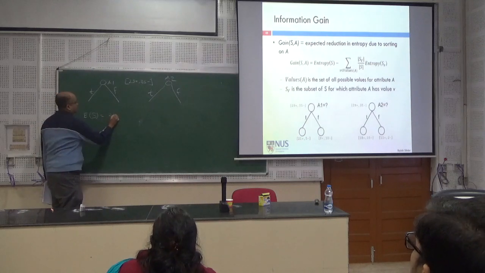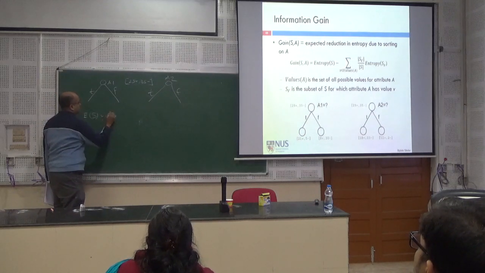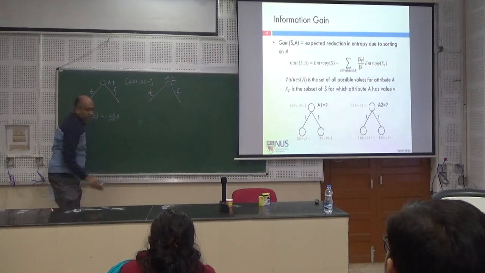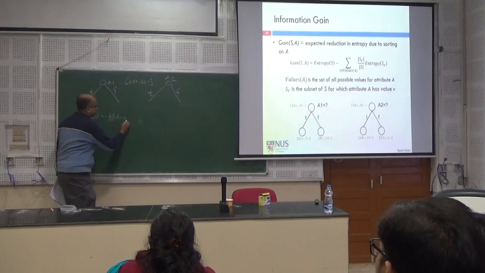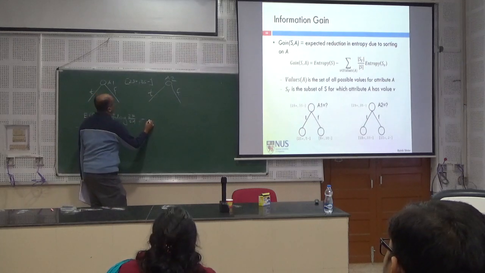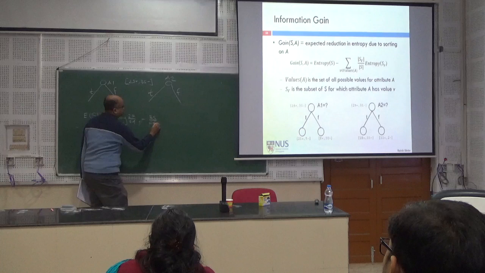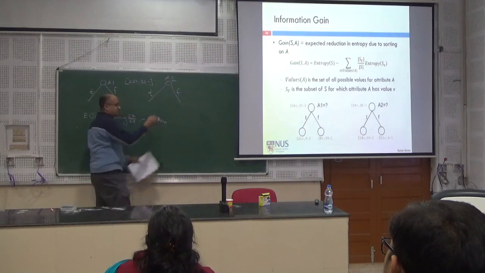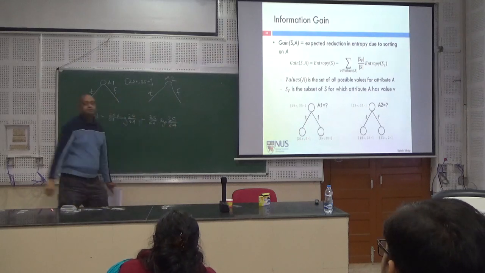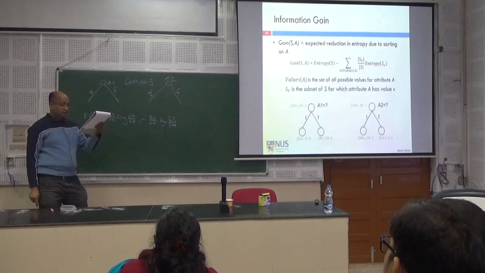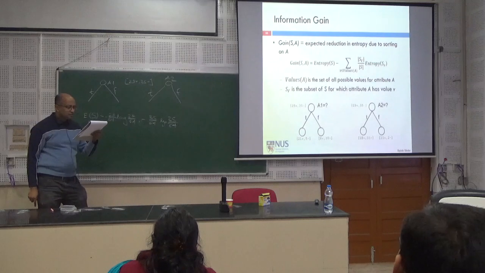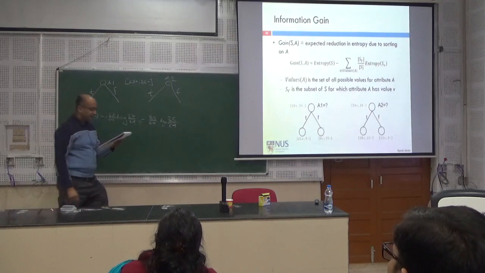So it's minus 29 over 64 log to the base 2 of 29 over 64, minus 35 over 64 log of 35 over 64. You figure it out, and there you go. 0.993.